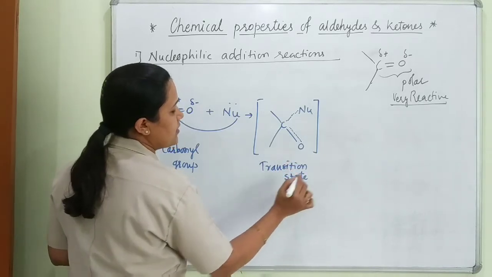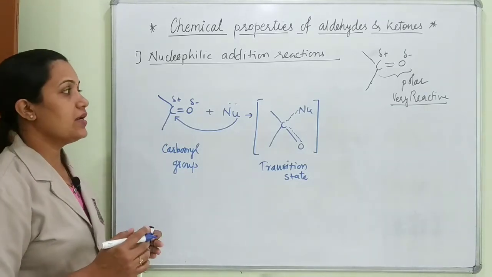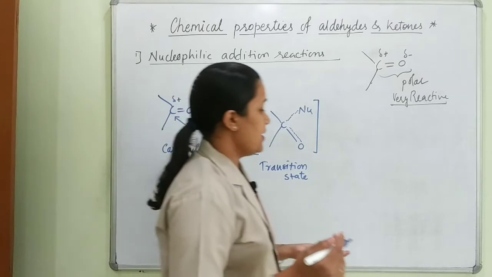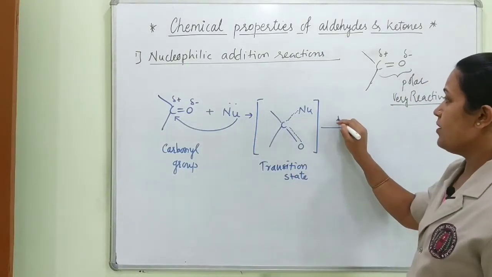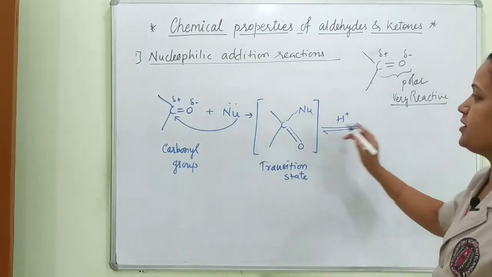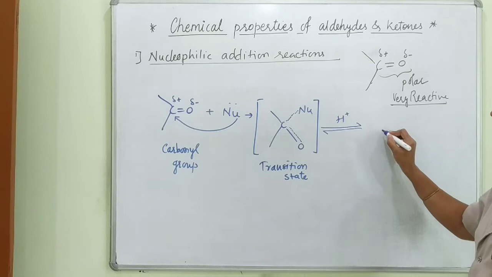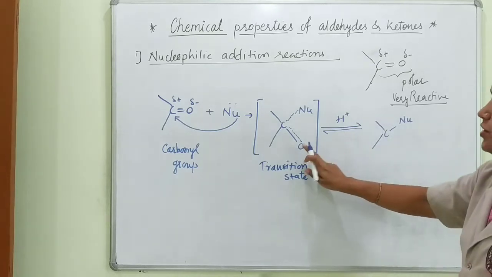And we know that a transition state is not a stable state, and that's why, after this transition state, when we add acid, that is H plus ion, the reaction occurs in this way.